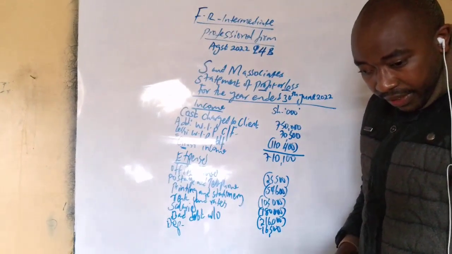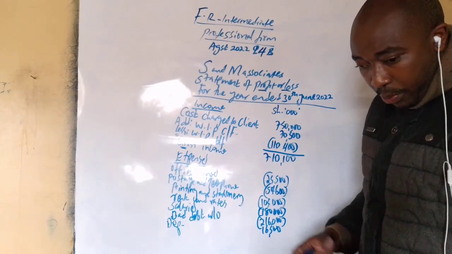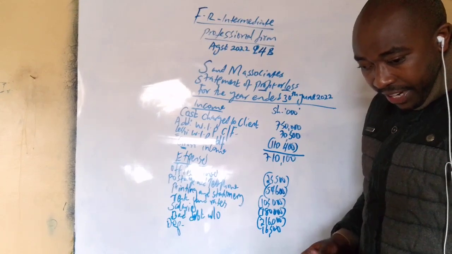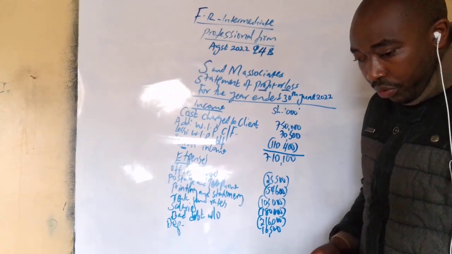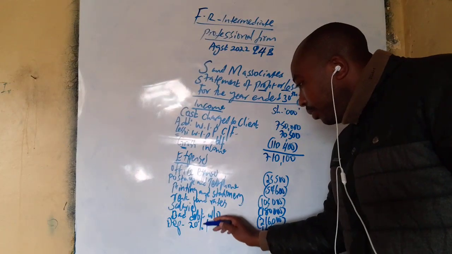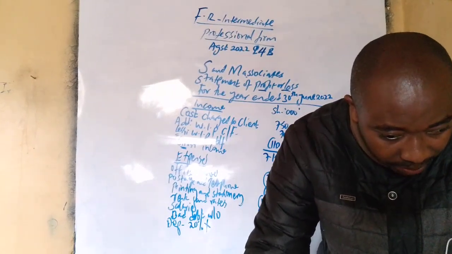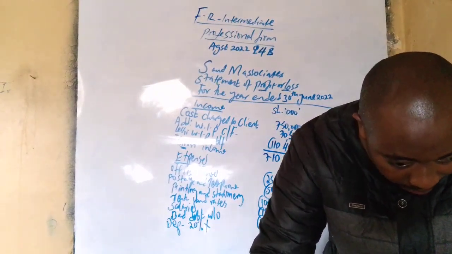We are being told depreciation should be provided at the rate of 20% per annum on the book value of the furniture, fittings and library books. So we get 20% of the furniture, fittings and library books, and they are up there.